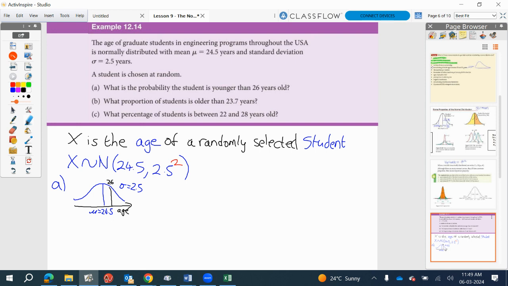Left. We want a student that is younger. This tail identification is what you get your credit for. Knowing that, we can see in this diagram that the area has to be greater than a half. Explain to the person next to you how we know that from the diagram.